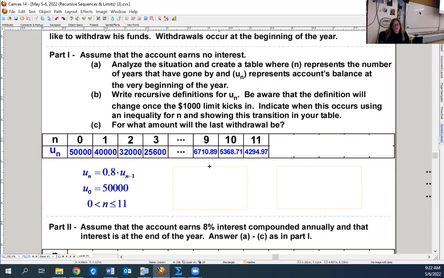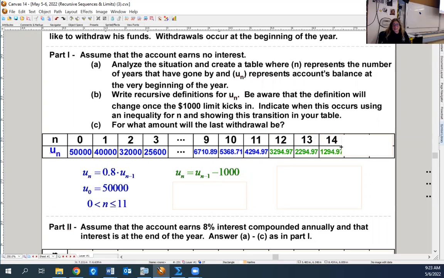Draw 1,000 every year. So let's figure out, we can do this in our head. How much is left after taking 1,000 for 1 year after the 11 years? Right. When do I have to stop? When can I not withdraw 1,000 anymore, guys? When there's less than 1,000 left, right?